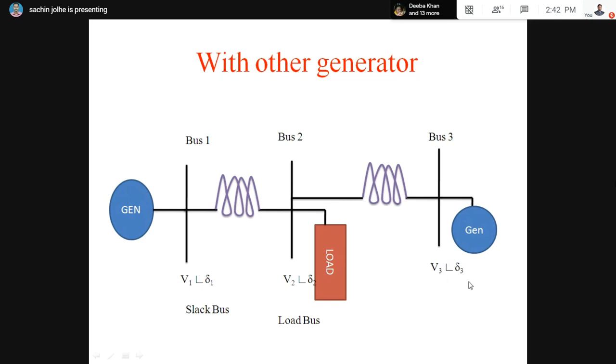We cannot control its angle. इसका जो एंगल होता है that we cannot control. This is controlled by the system only, and we have to calculate it every time. But we can control the voltage. How much voltage is to be injected into the system, that we can calculate.